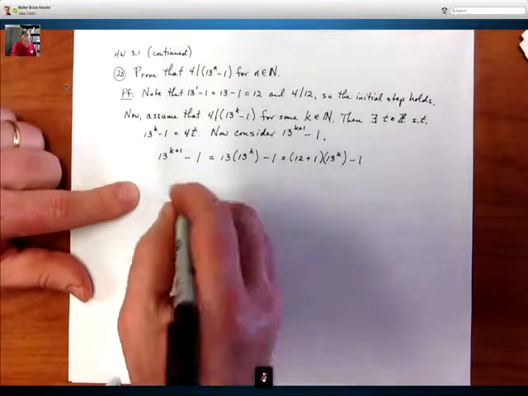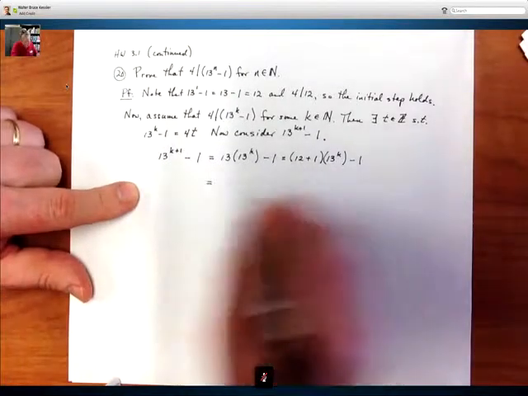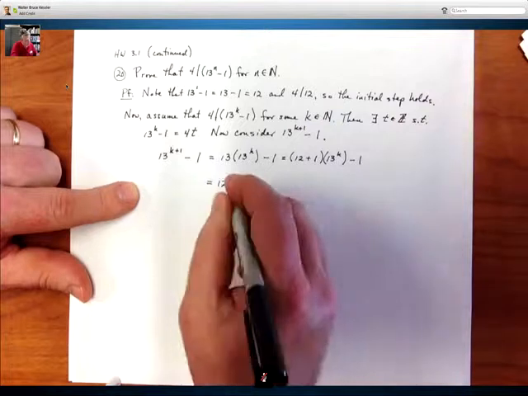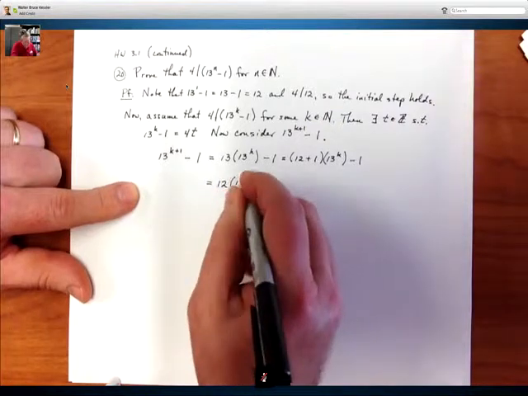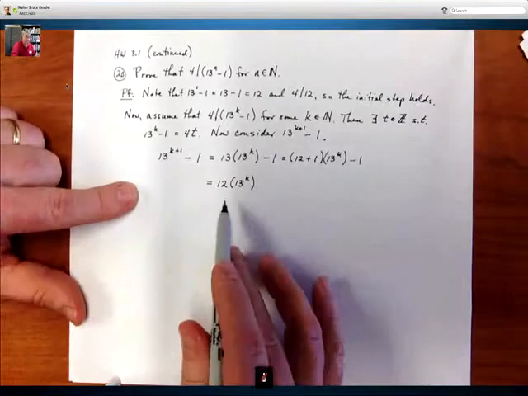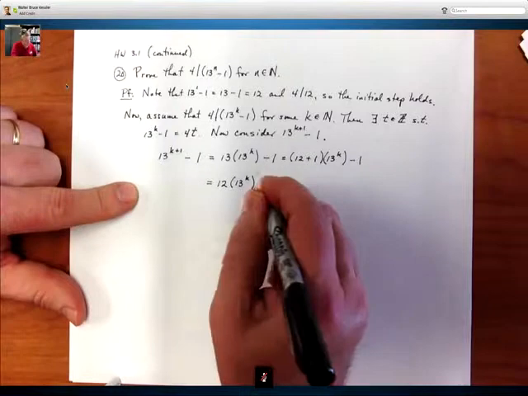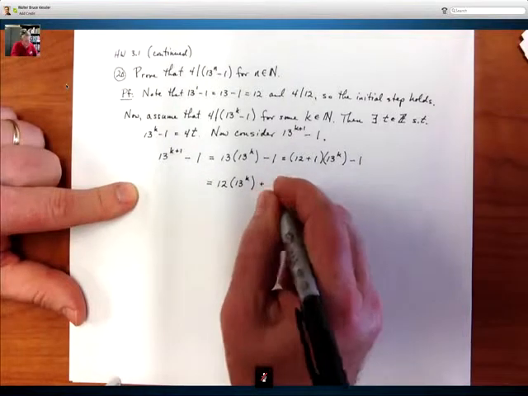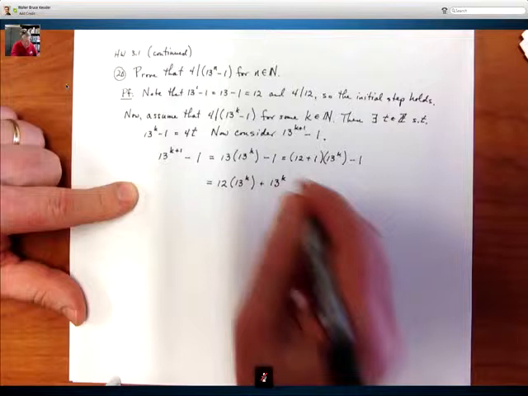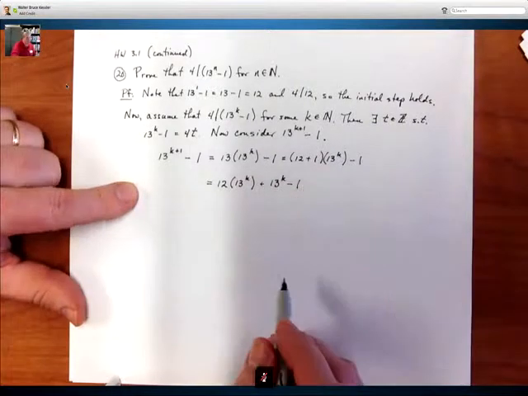And now, distribute this through the parentheses, so I've got 12 times 13 to the k, which is nice. That's actually divisible by 4, right? And then I've got 1 plus 1 times 13 to the k, and then minus the 1.